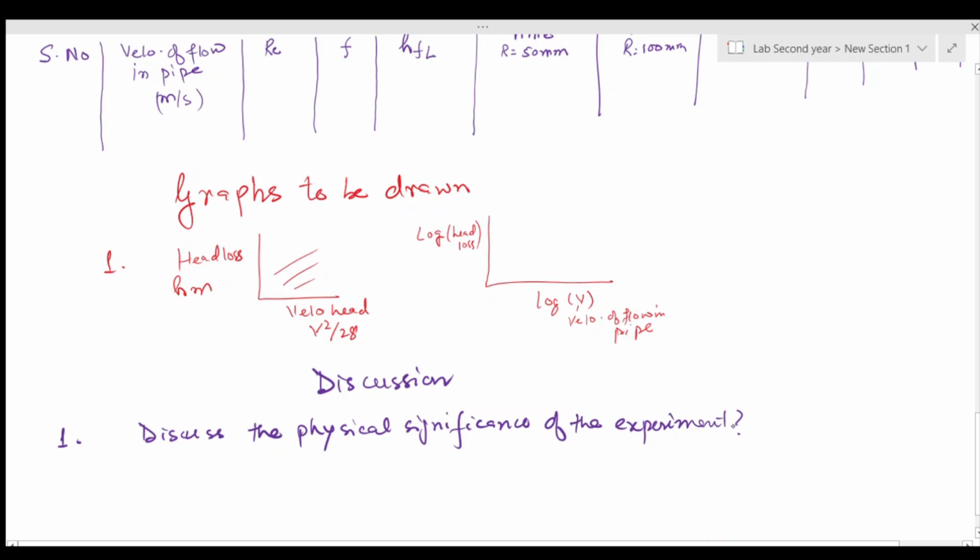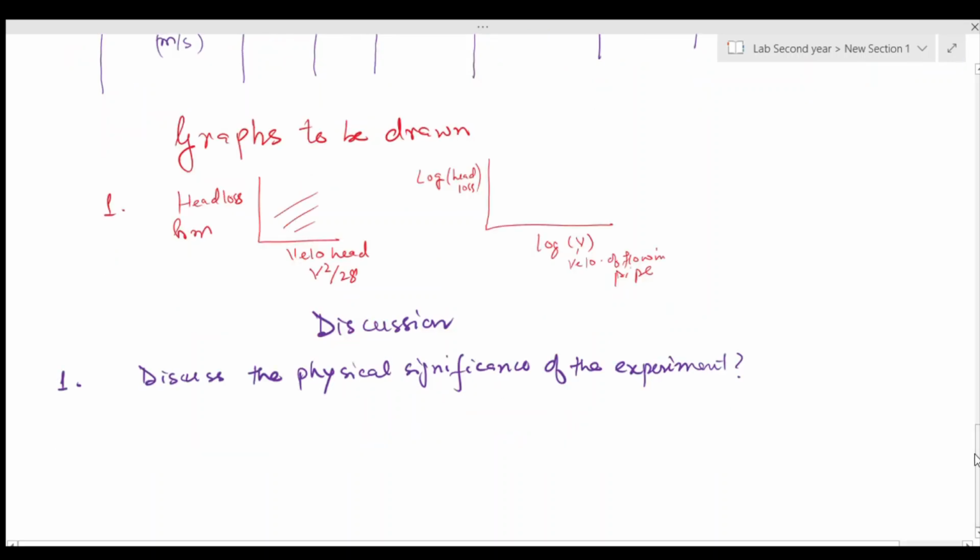And when we are talking about physical significance, we don't mean that when the x-axis is increasing, then the y-axis reading is also increasing. Not like that. But really, what physically you understand, what kind of understanding you got through this whole experiment, which would help you in the field.